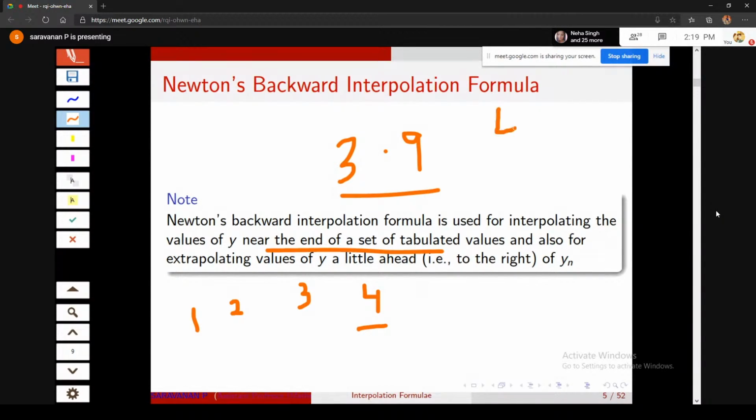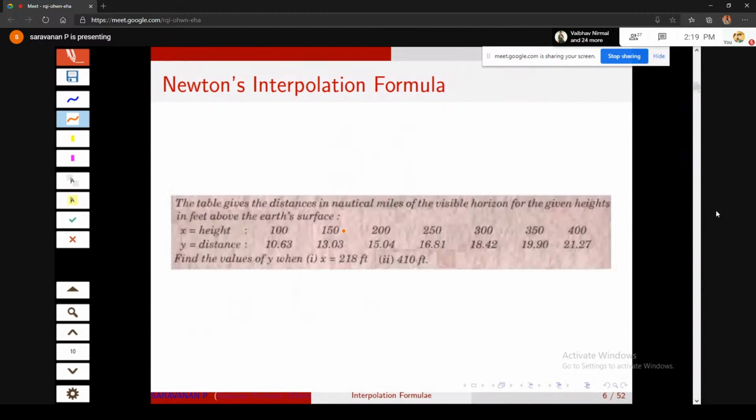Or if you want to compute the value of y at x equal to 4.1, 4.1 lies outside this, a little ahead, to the right of xn. Then also we will be using the Newton backward interpolation formula. So it's very simple. Forward: y0 and its forward differences; backward: yn and its backward differences. That's all.